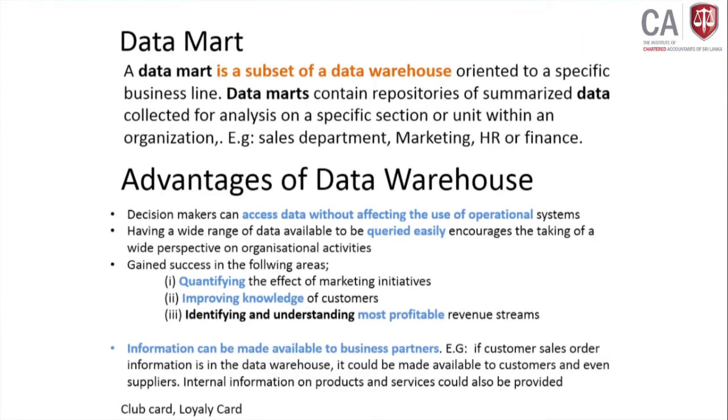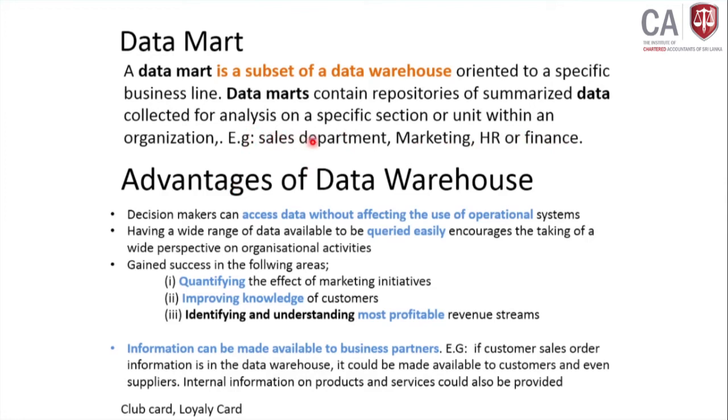So, data marts contain repositories of summarized data collected for analysis on a specific section or unit within an organization. Sales department, marketing, HR, finance. So, these are the data marts.